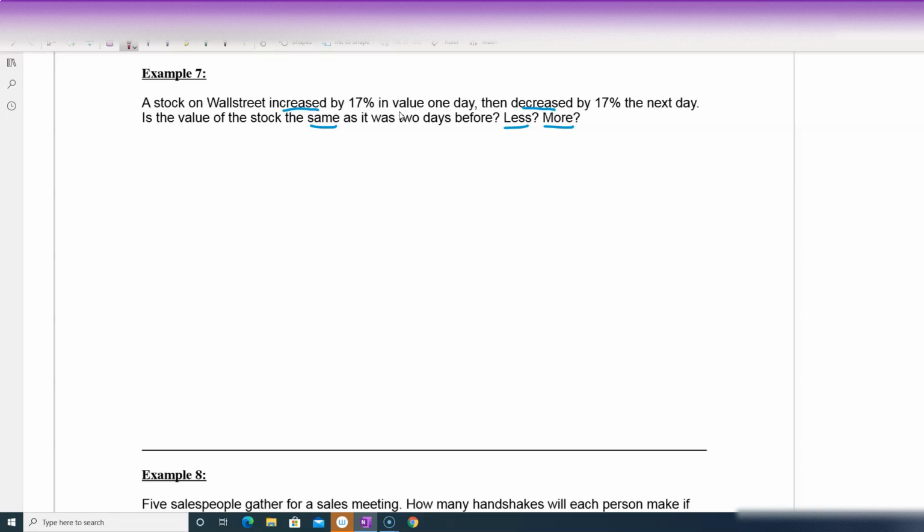We don't know what the stock price is, so we have to choose a number, but it doesn't matter what you choose. The point is finding if that price is same, less or more, not what the stock price is. So let the stock price, for example, equal $75.